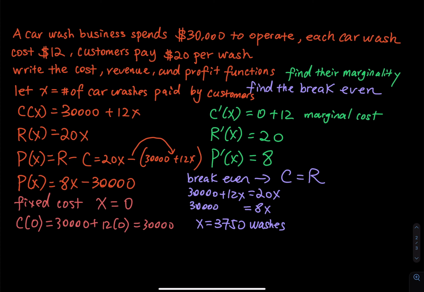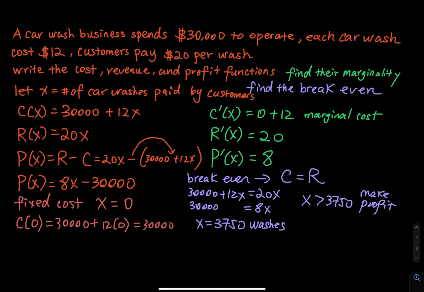Why is this number so important? Because this is like setting a standard. So let's say you're running a business. I didn't say whether the $30,000 is for a week, a month, or a day. Let's say that is for a week. So if you can sell more than 3750 washes, then you will start making profit.